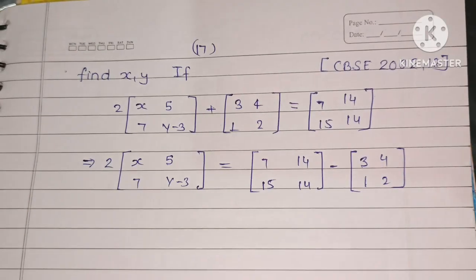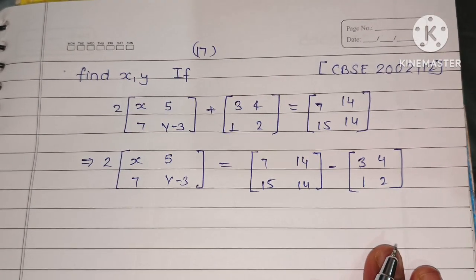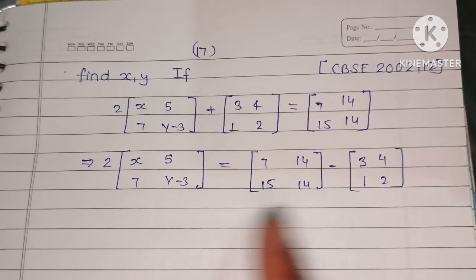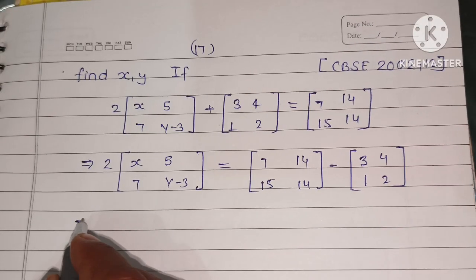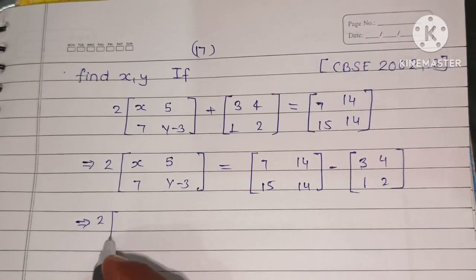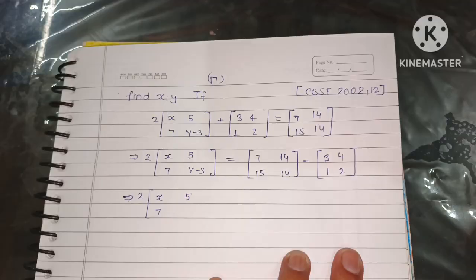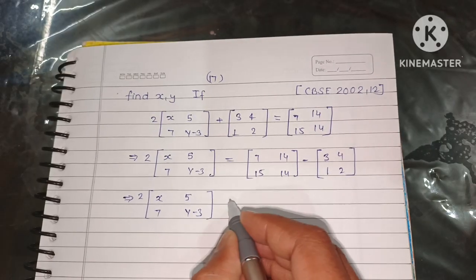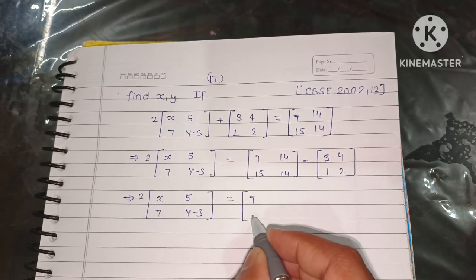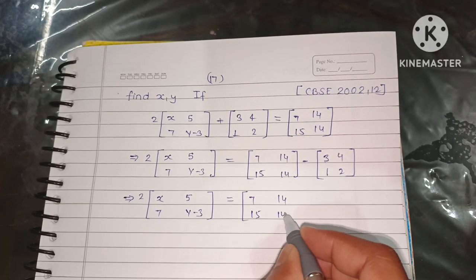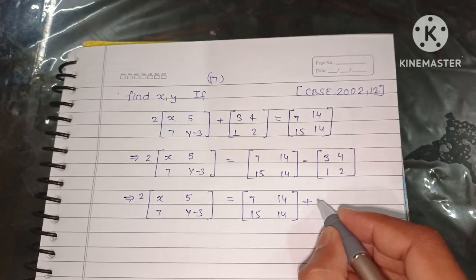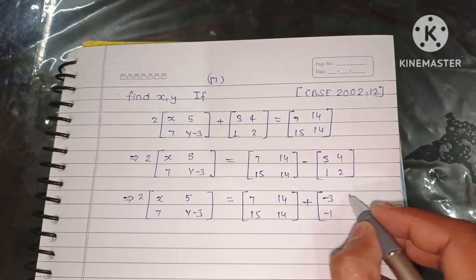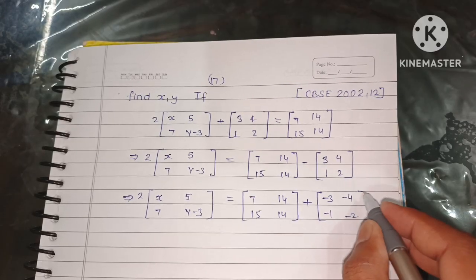Okay, now next, 2 x 7, y minus 3. We can write this like minus 3 minus 1 minus 4 minus 2.